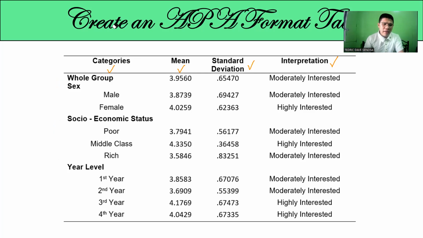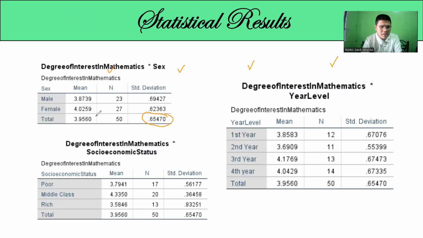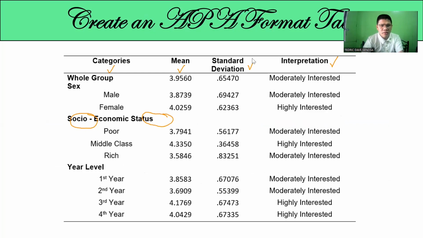And where did we get all of this? So this is from our output here. Our as a whole will also be coming here. This is the SD. This is the mean. So 3.9560 and 0.56470. So let's check. Here. Sorry. It's here. 3.9560 and 0.56470.